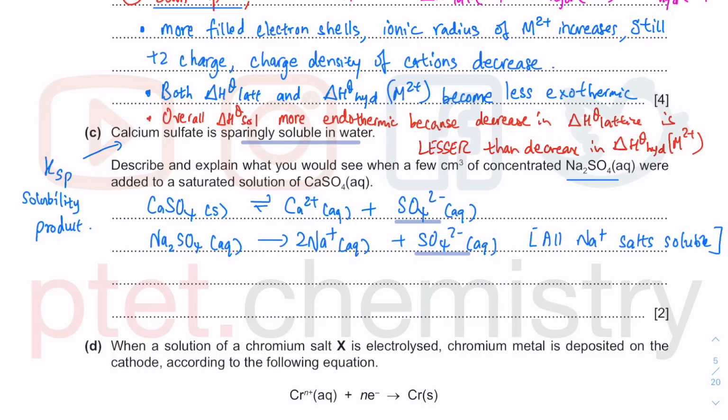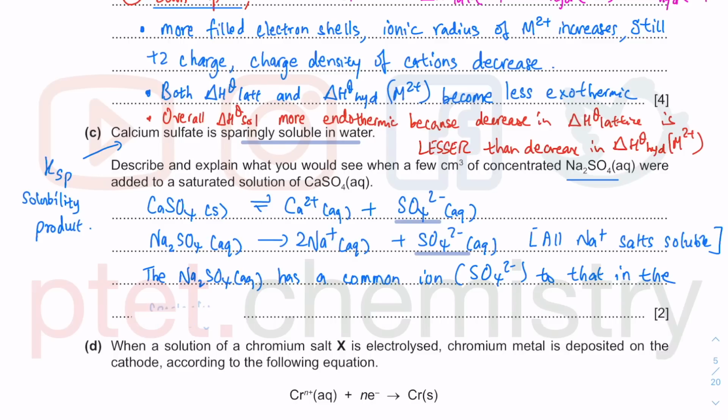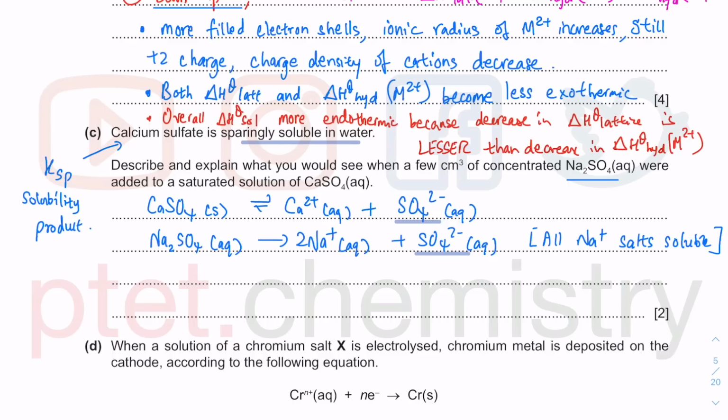So what happened is the Na2SO4 aqueous has a common ion. This is called the common ion, which is the sulfate, common to that in the sparingly soluble salt. Actually, I don't want to talk about the common ion like that because it's just the name of an effect, and it doesn't mean anything if you can't really talk about what is happening.